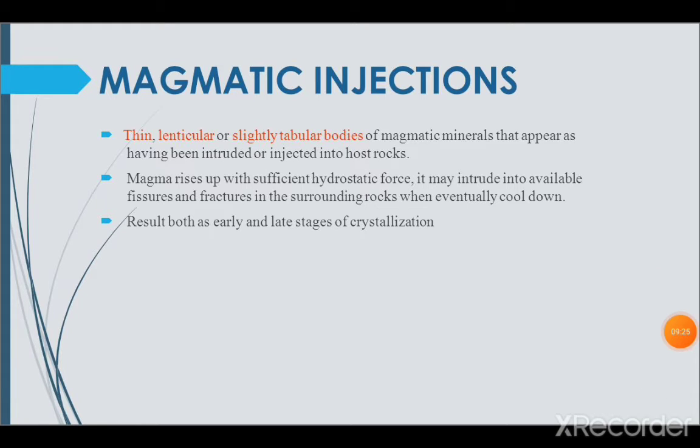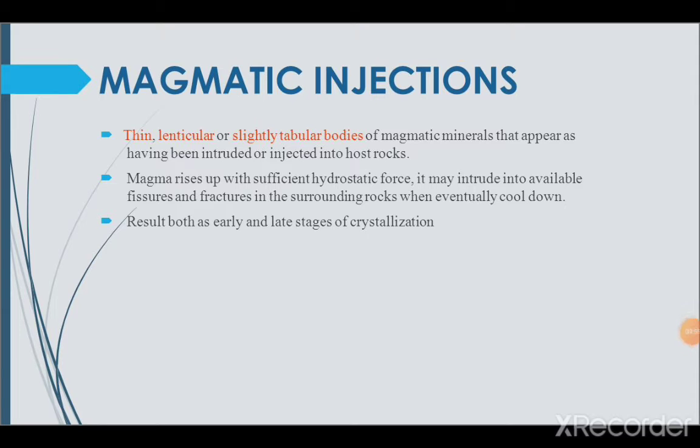The third type of process in early magmatic deposits are magmatic injections. These are formed due to magmatic action. When a magma rises up with sufficient hydrostatic force, it may intrude into available fissures and fractures in surrounding rocks. Later, it eventually cools down.